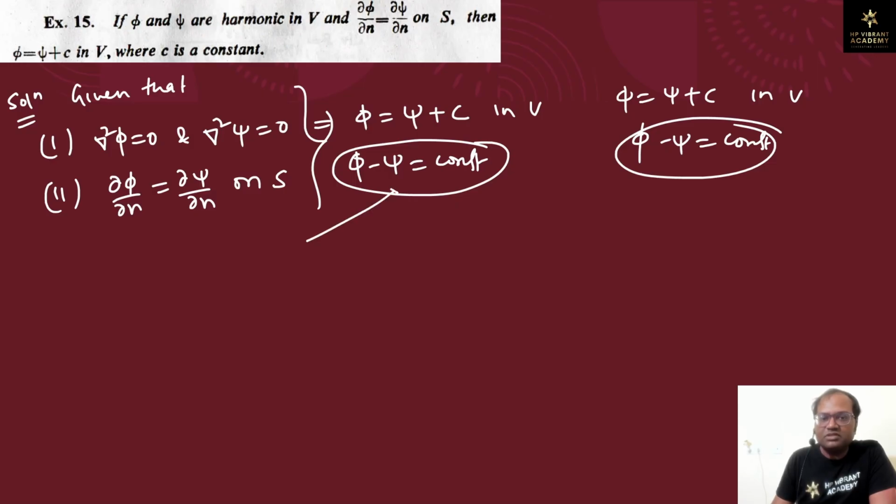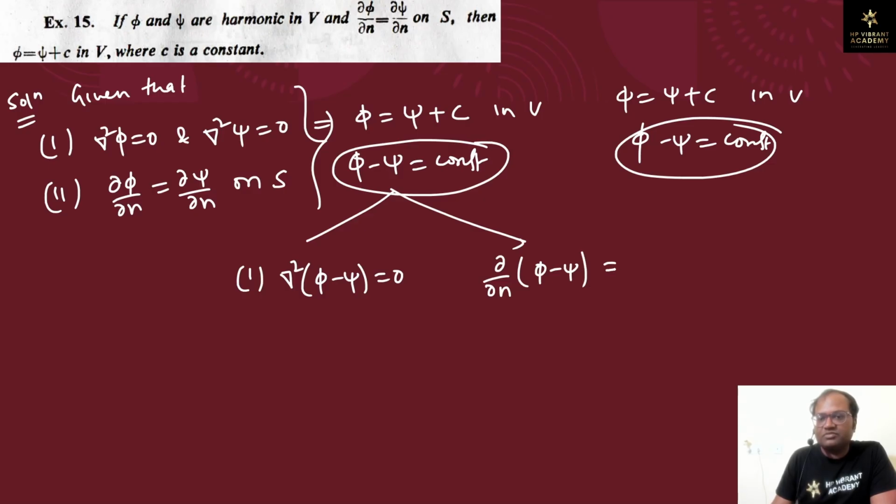So two conditions that are required: first one is phi minus psi must be harmonic in V. This means del square of phi minus psi is equal to 0, and second one is del upon del n of phi minus psi must be 0.